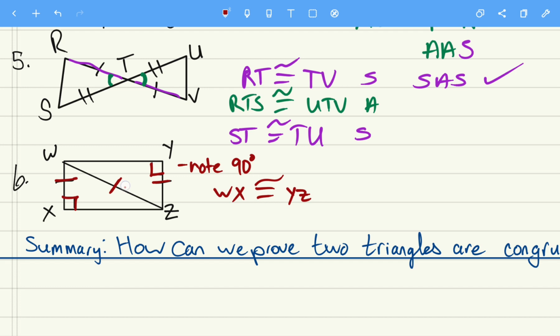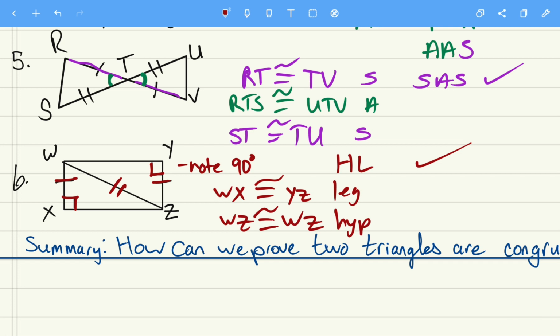And then WZ is shared between both triangles. And that is our hypotenuse. So this is what we call the hypotenuse leg theorem, or you could say the right hypotenuse side theorem. Either way is okay. But this is enough information to prove the triangles are congruent.